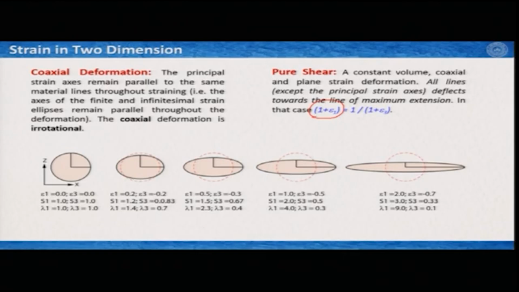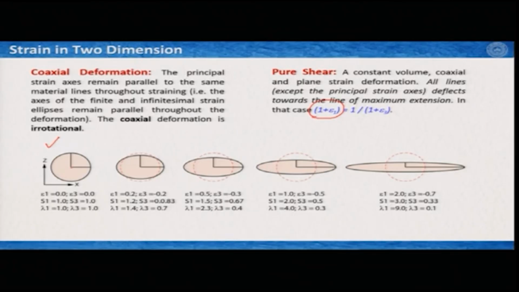So here is the example. The first one is an undeformed state, and what I have given: E1 is the elongation along the x-axis, E3 is the shortening along the z-axis, S1 and S3 are stretches in the corresponding x and z-axis, and lambda 1 and lambda 3 are the quadratic elongations along the x and z-axis respectively.